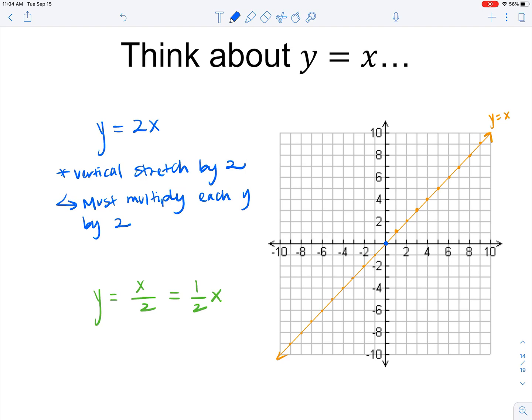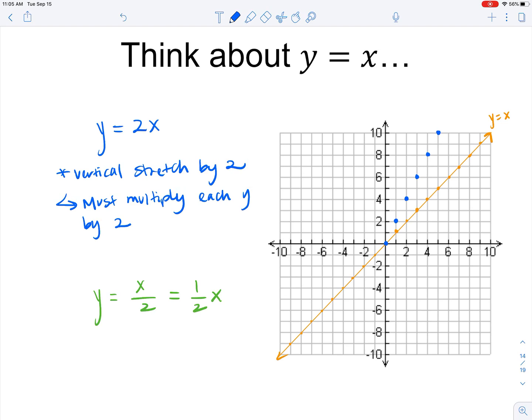The point (1, 1), though, when we multiply the y-coordinate by 2, ends up moving to (1, 2). The point (2, 2) would end up at (2, 4). I'm just multiplying the y-coordinate for each point on the parent function by 2. So the point (4, 4) would end up being at (4, 8).